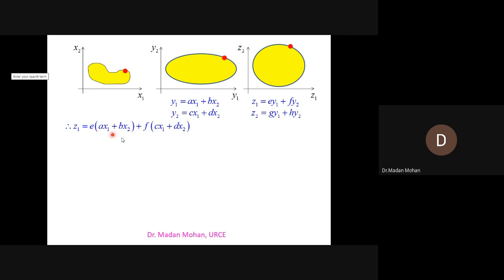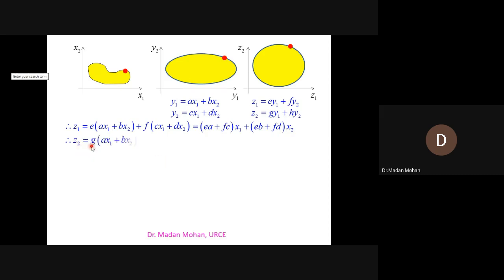Now taking X1 common, what do you get? EA plus FC into X1, next, EB plus FD into X2.